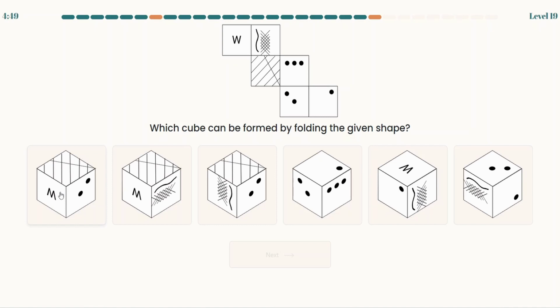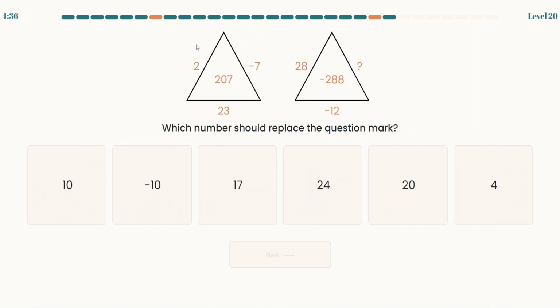No, because that line. Oh wait, is it this one? Yeah. Two times 23. 7 times 23, that's that minus that times that.